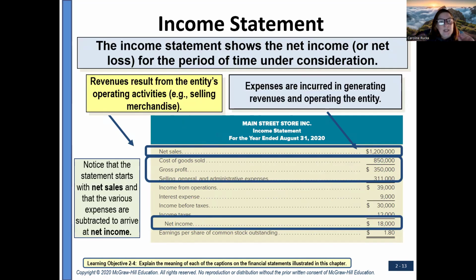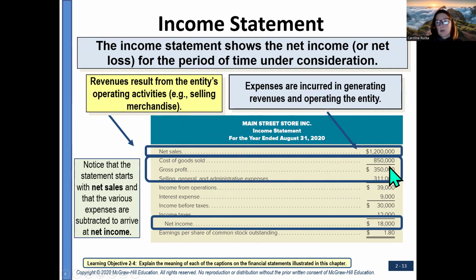Okay, now the income statement. We have our revenues, which in this case, we're talking about a sales company, so their revenue is in sales. Then we subtract out the cost of goods sold.